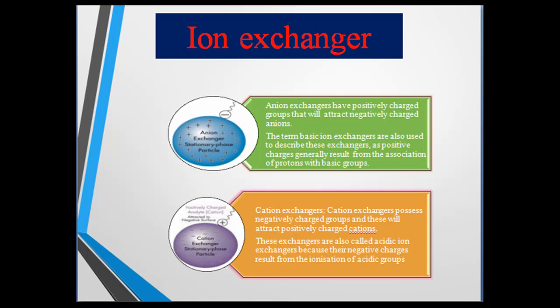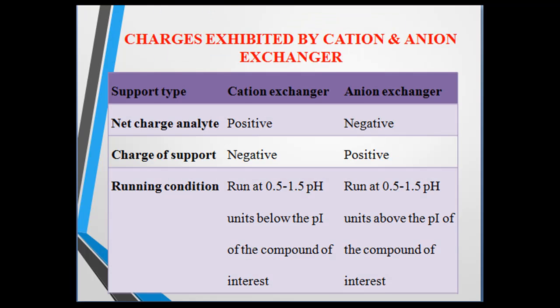An anion exchanger is one having positively charged groups that will attract negatively charged anions. The term basic ion exchanger is also used to describe these exchangers, as the positive charge generally results from association of a proton with a basic group. Table 1 shows charges exhibited by cation and anion exchangers during ion exchange chromatography.